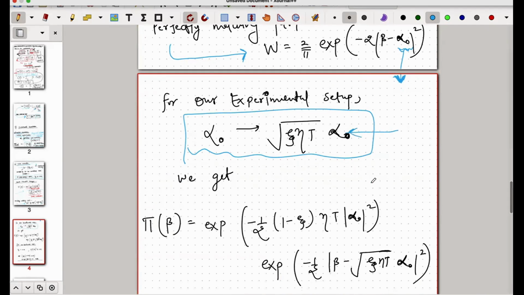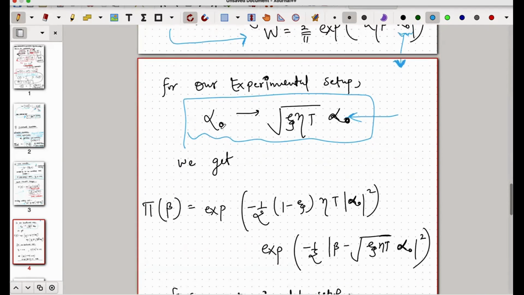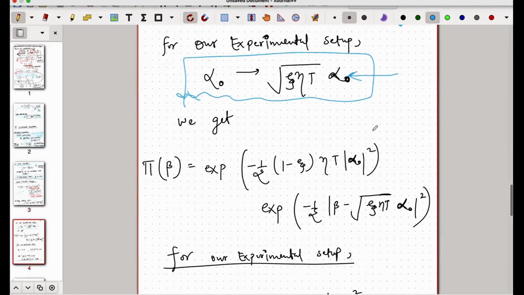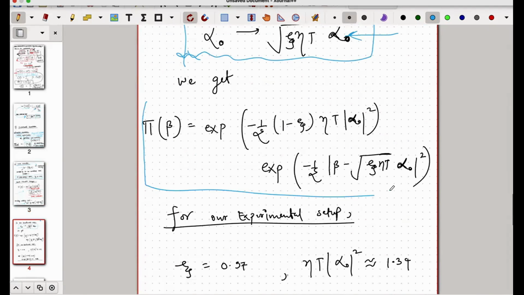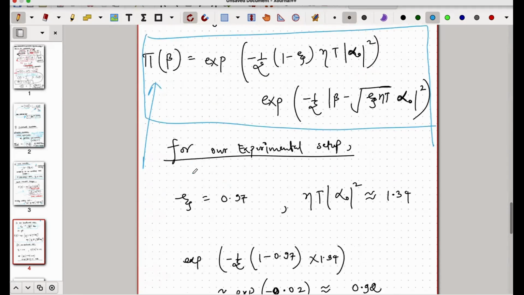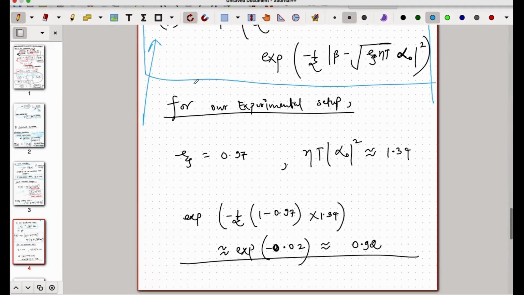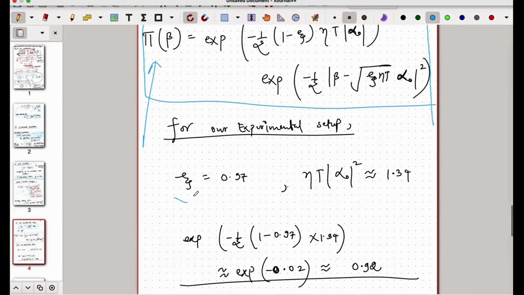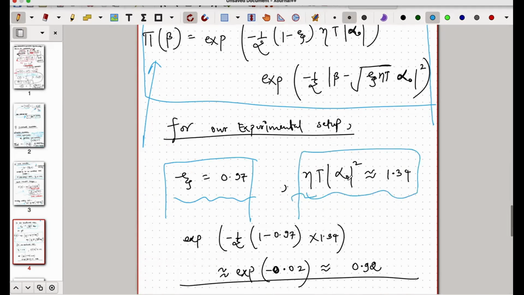So then we'll put this shifted mean in the expression here, and we'll get the expression for our setup, the parity probability distribution for our setup. And for our experimental setup, as Galav has discussed already, this J will come around 0.97, and then this factor will come around eta t.